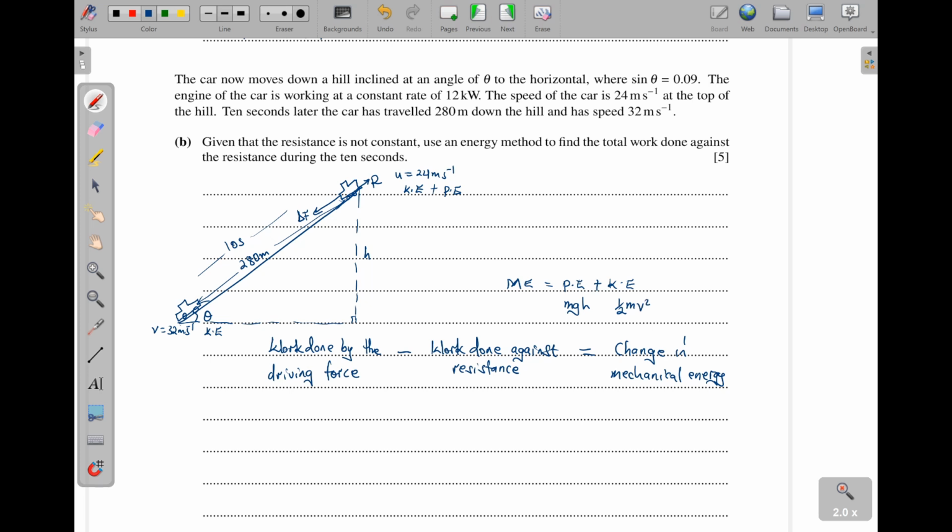Now, what is the work done by the driving force? We need to know the driving force, but we don't know it. However, we know the rate at which the work is being done, and this took place for a period of 10 seconds. Since power is equal to work over time, work done by the driving force over the time taken equals power.